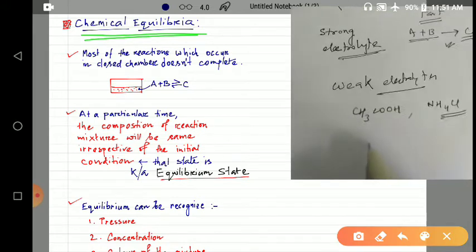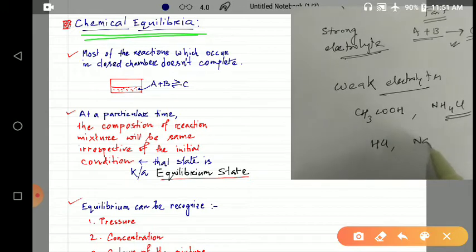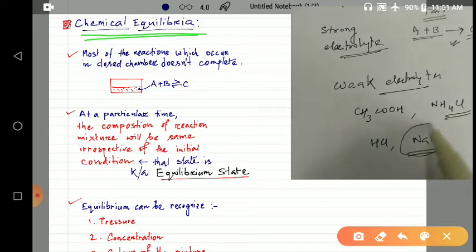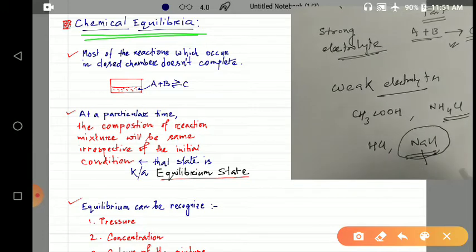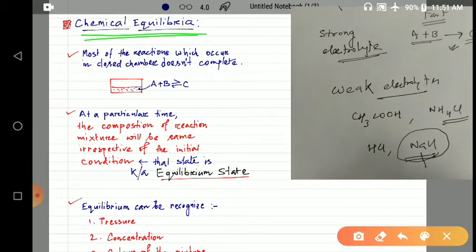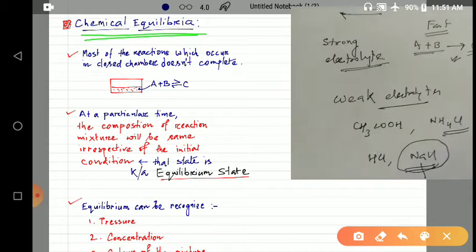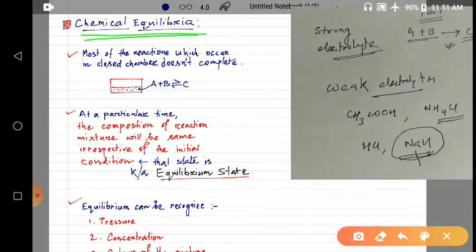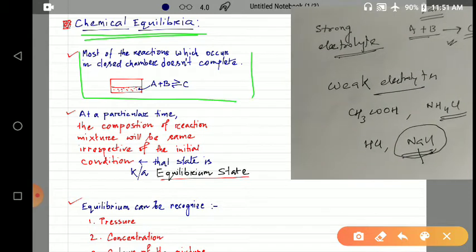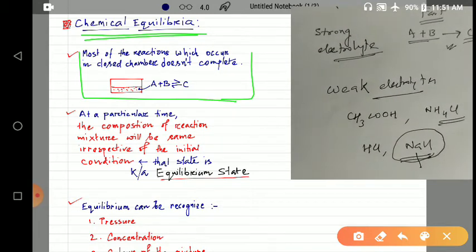But HCl is strong, and sodium chloride is a salt, no? Almost all salts are strong electrolytes, so sodium chloride or a salt will not exhibit reversible behavior. Okay, so the first point is discussed: what is reversibility?